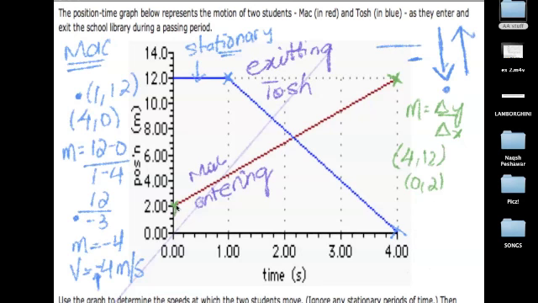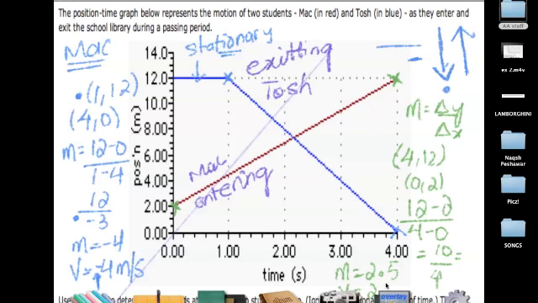Since the line is increasing, the gradient will be positive. y2 minus y1, 12 minus 2, divided by 4 minus 0. This gives me 10 over 4, which is 2.5. The gradient is 2.5, which means a velocity of 2.5 meters per second.